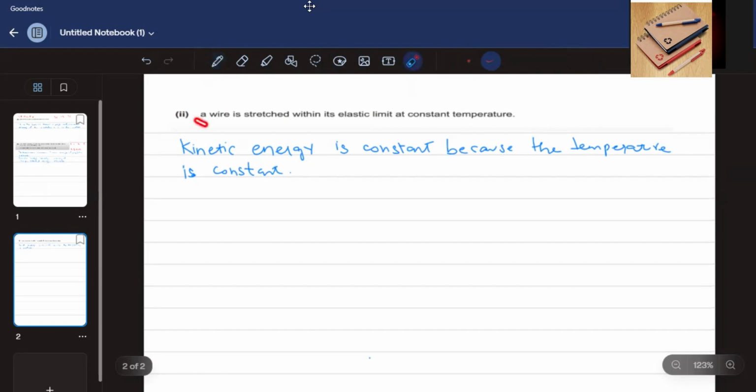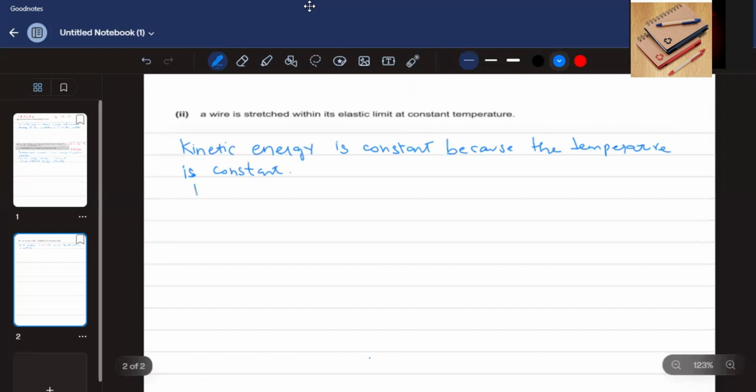And you can see over here a wire is stretched within its elastic limit. So when a wire is stretched, inside it there are particles and there is a separation between the particles. As the wire is stretched, the particles inside the wire will be separated as well. So there is an increase in the separation between the particles. As the separation between the particles increases, the potential energy increases.